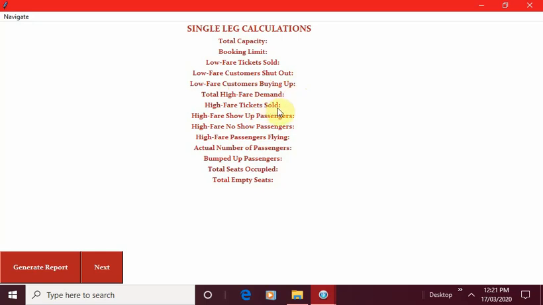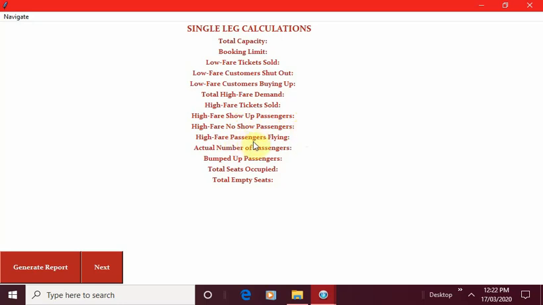High fare tickets sold would be the protection level we have set, that is 50. High fare show up passengers would be 92% as we have mentioned. So whatever the high fare tickets sold, based on that 92% of the passengers will show up, and the number of passengers who would not be showing up.